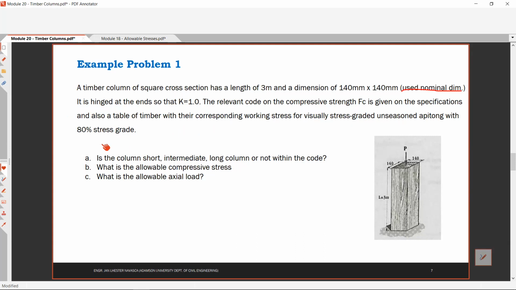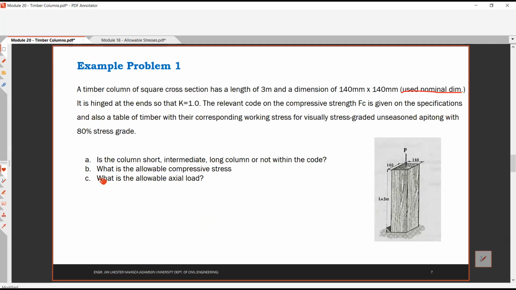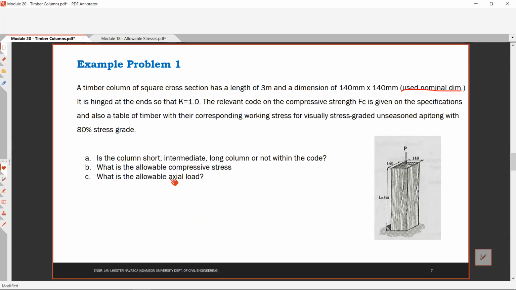So problem number one: is your column short, intermediate, or long within the code? Next, what is the allowable compressive stress? And lastly, what is the allowable actual load? So this one is asking for stress and this one is asking for load.